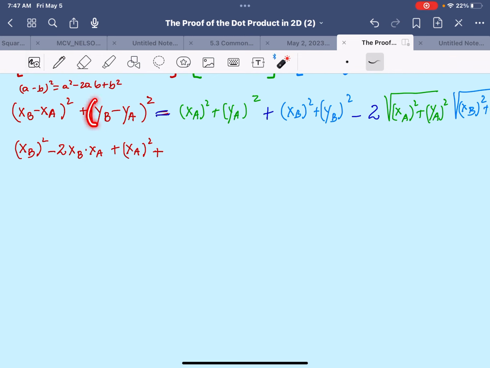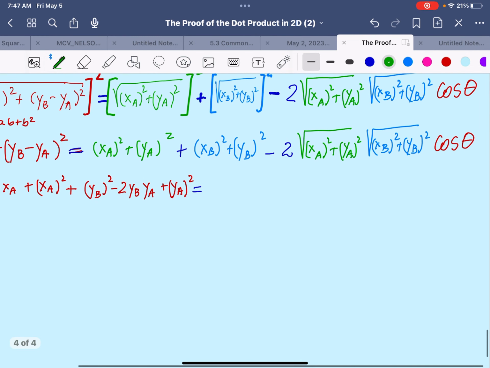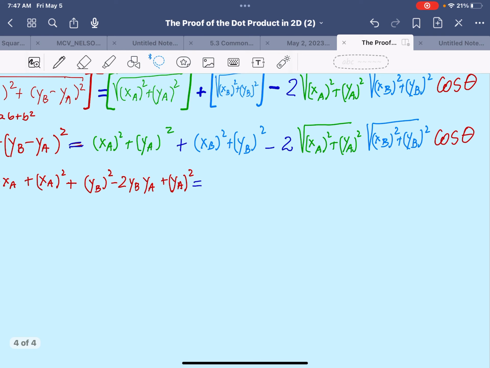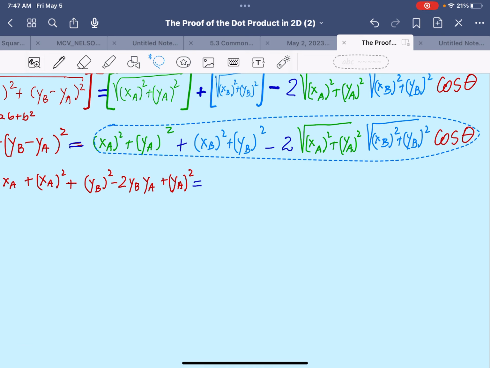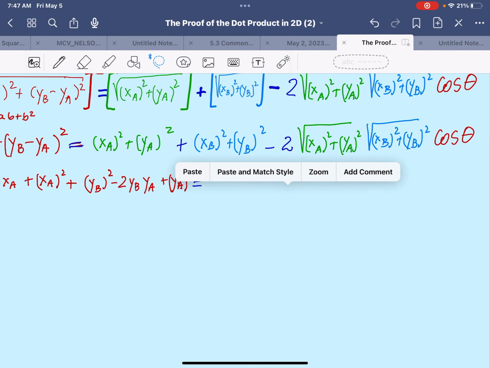Now we have yb minus ya, so that will give yb squared minus 2 yb ya plus ya squared equals. Now, on the other side, we have the exact same thing we had before. We're not making much changes in there. So we have xa squared plus ya squared plus xb squared.